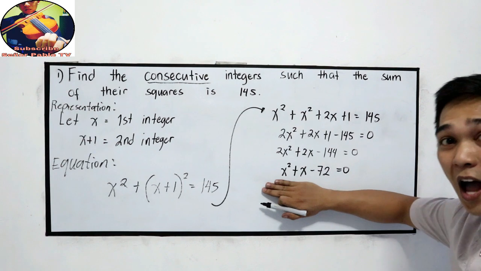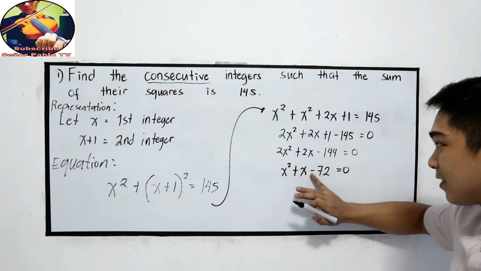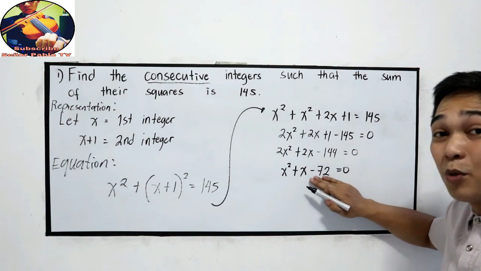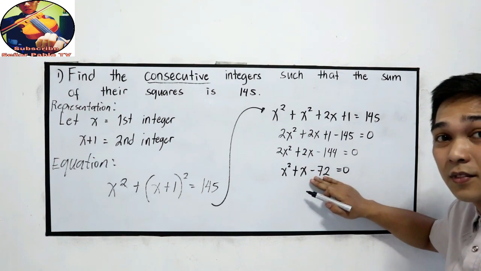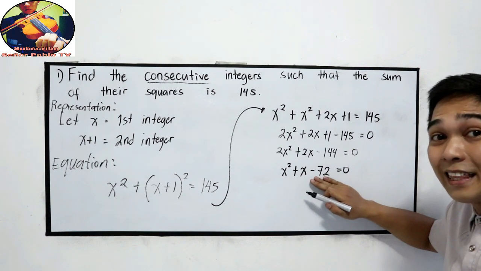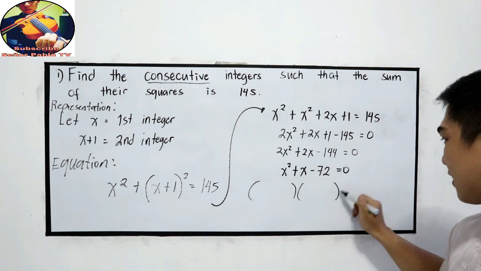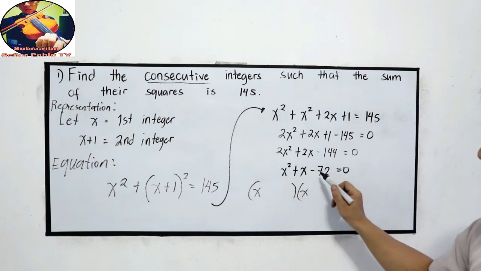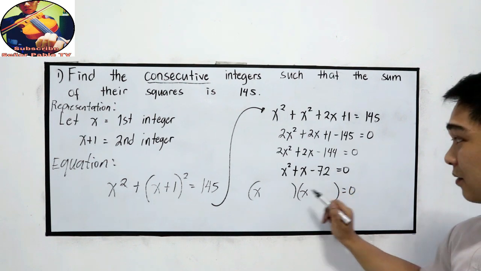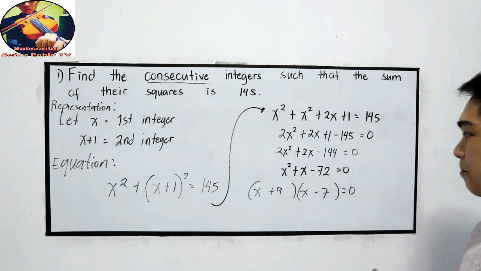Pwede natin siya i-factor out. May naiisip na ba kayong number na pag pinag-multiply natin ay negative 72? 9 times 7? Alin si negative, alin si positive? So, positive 9, negative 7.